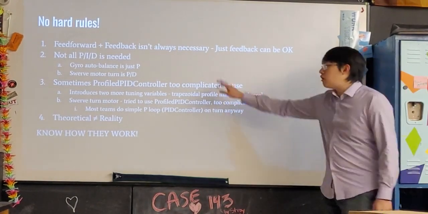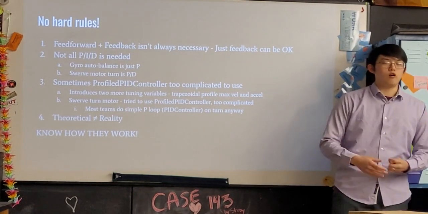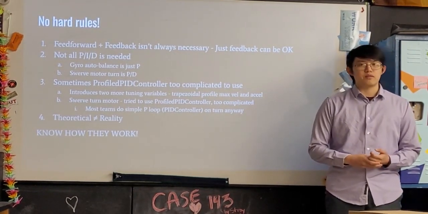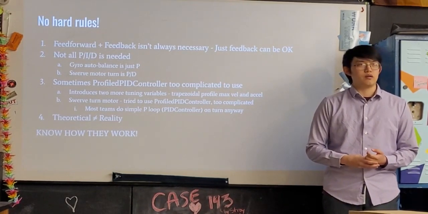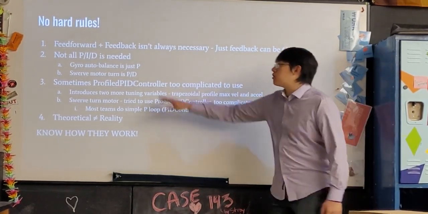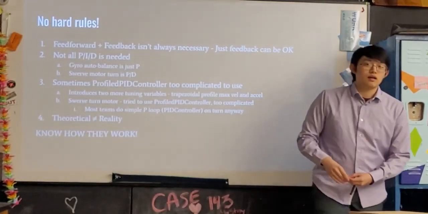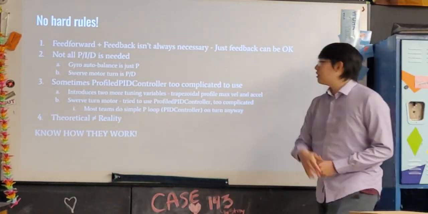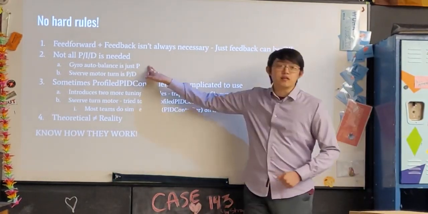And again, not all parts of PID are necessary. Oftentimes, this could actually work against you. For example, the gyro auto balance that Carson came up with, shout out to Carson, good morning, is just a P controller.